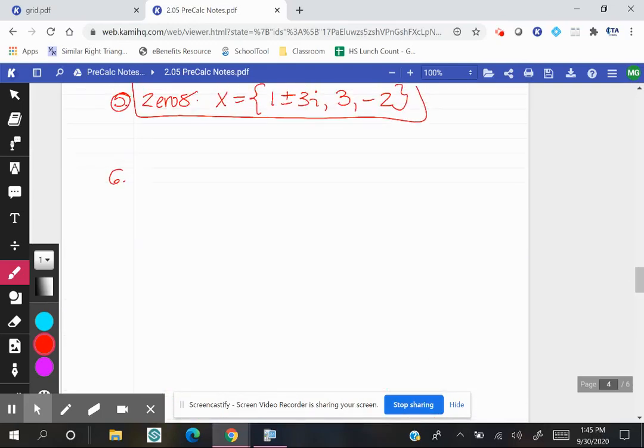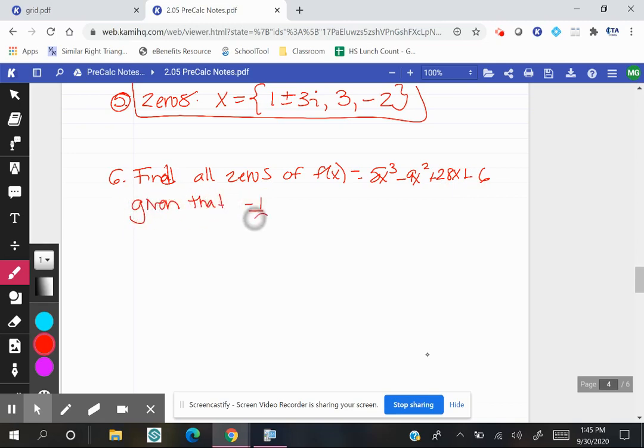Okay, so number 6, find all the zeros of f of x equals 5x to the third minus 9x squared plus 28x plus 6, given that negative 1/5 is a 0. Also write it out as a product of linear factors.